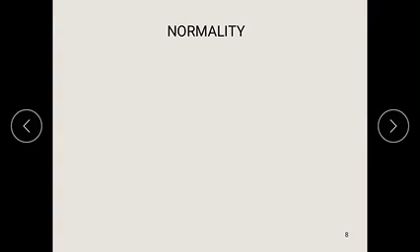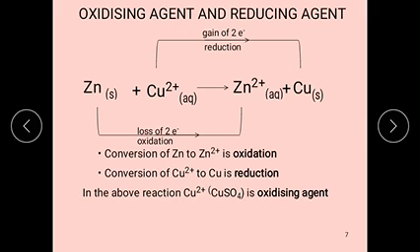In this chapter we have mainly learned what oxidation is, what reduction is, what the oxidizing agent is, what the reducing agent is, and what the redox reaction is. Once again I'm repeating the definitions.